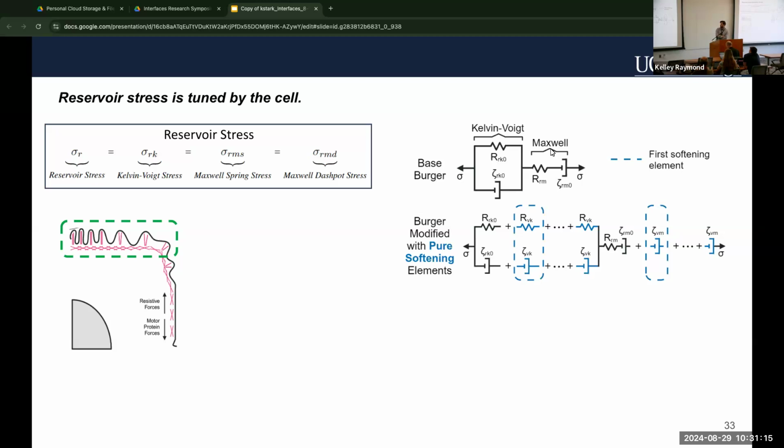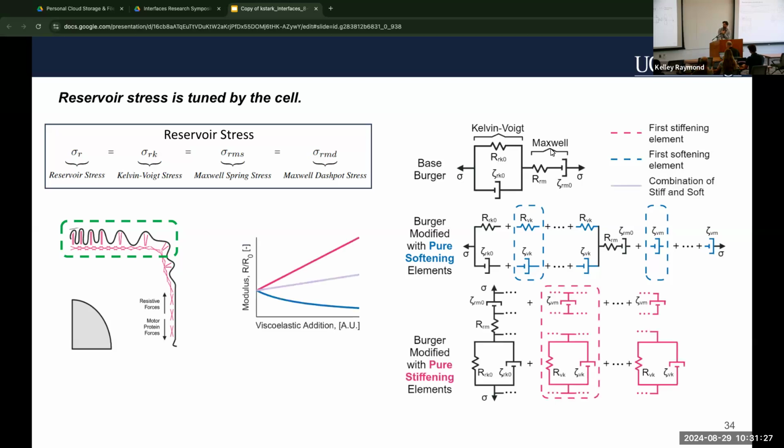We chose to soften it, in a very physical sense, by adding an F-actin in series with another F-actin, which effectively softens. You get this pure softening mechanism. We can purely stiffen by just doing it in parallel. And the modulus of the materials changes as a function of each. So purely stiffening is linear, purely softening decays to 0.